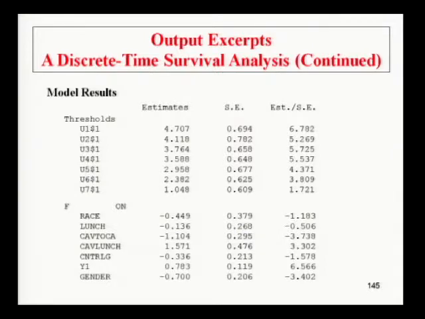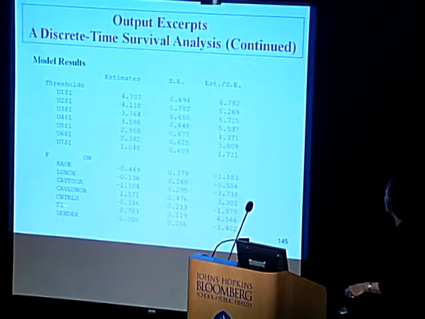And then when we regress F on this, it's really the regression of all of the U's on race, lunch, whatever, with the equalities. So F on race is like U1-U7 on race, where all of the regression coefficients are held equal across race. And so let's see what we see about school removal. We can see that the largest Z value is for Y1, and Y1 is the individual's TOCA score, so their aggressive behavior.